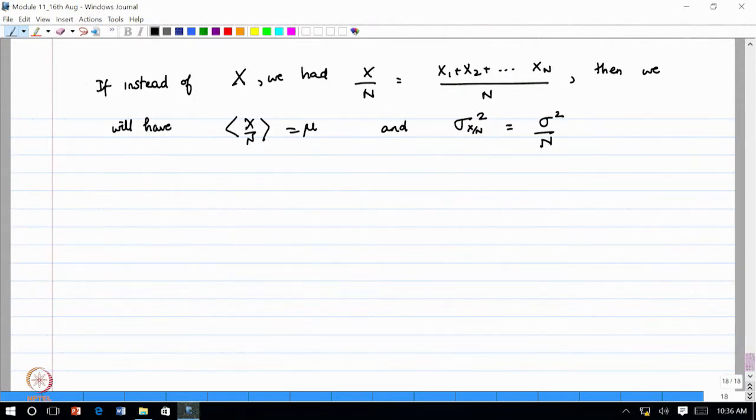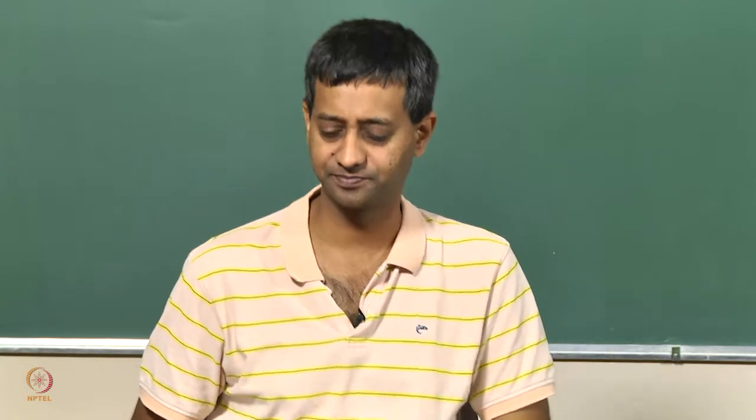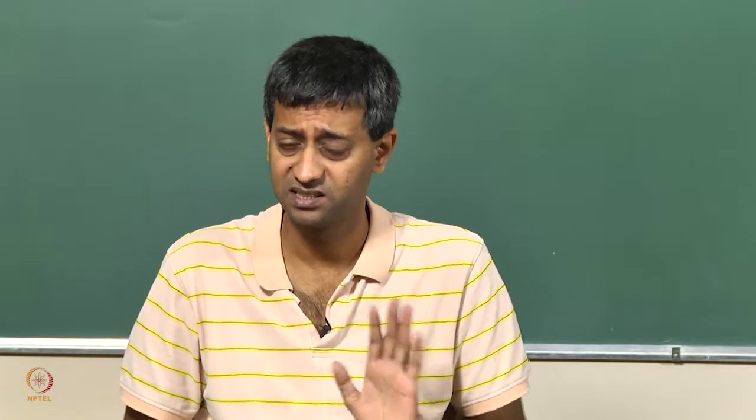So, basically if you think of any macroscopic measurement as the average of a lot of small microscopic measurements, then the Gaussian distribution is very natural. If you think of a very large number of measurements, then things do look Gaussian.